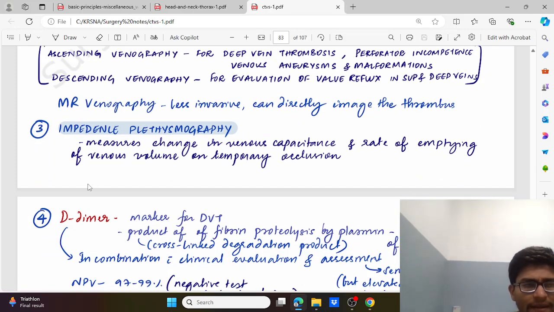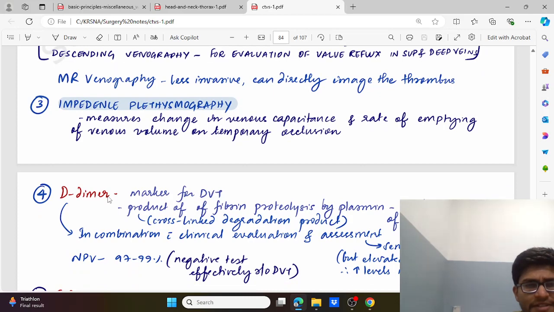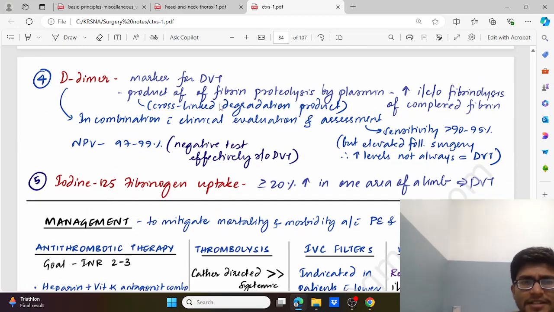Next is the D-dimer, which is a marker for DVT, and it is a product of fibrin proteolysis by plasmin, and it increases in case of fibrinolysis of the cross-linked fibrin.